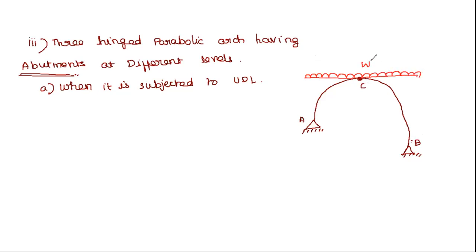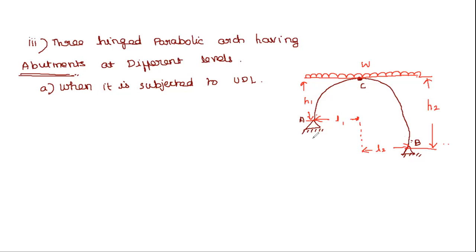Let the intensity be W. Let H1 be the height of the support A and H2 be the height of the support B, and the lengths be L1 and L2 correspondingly.